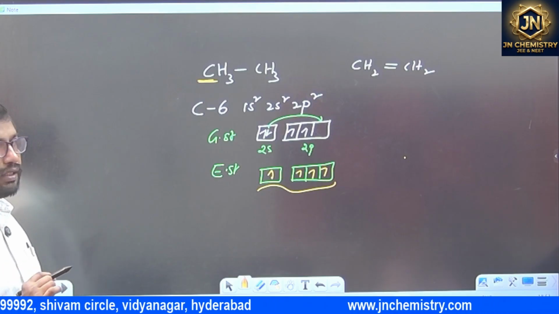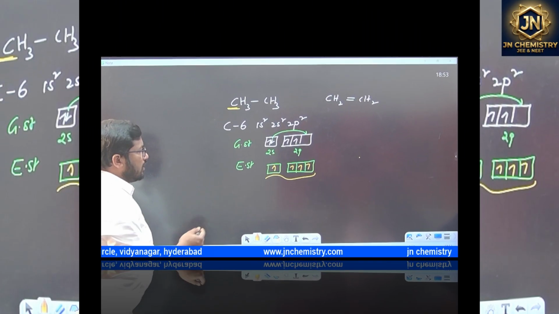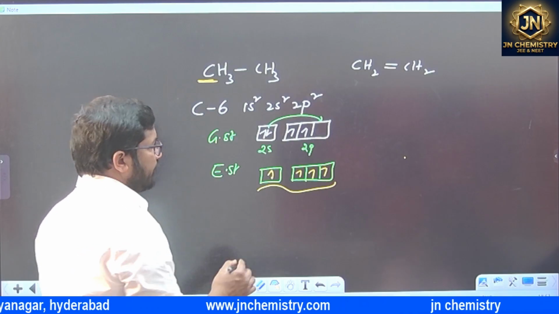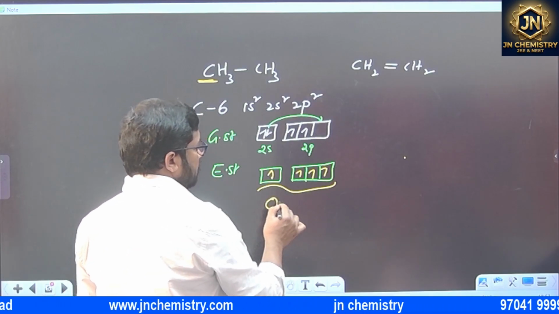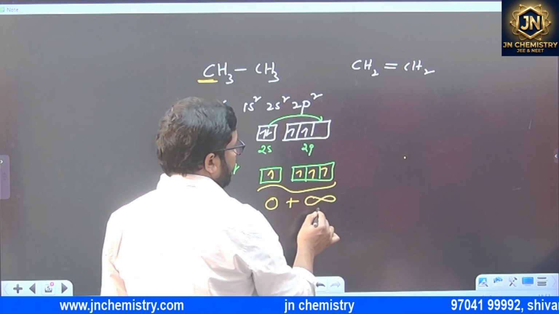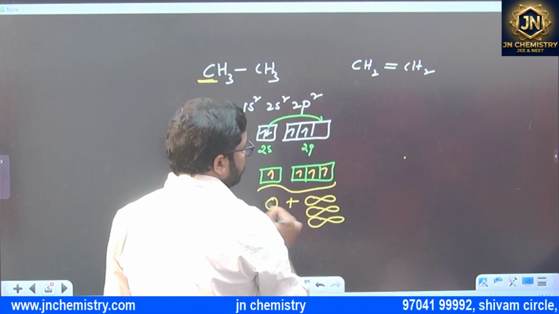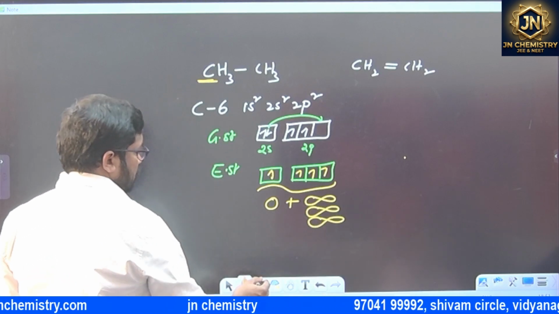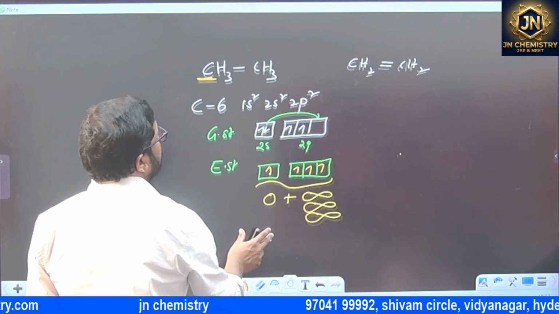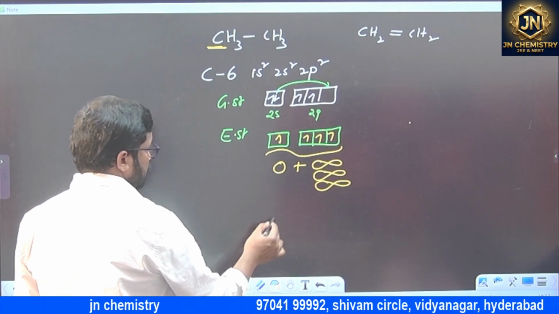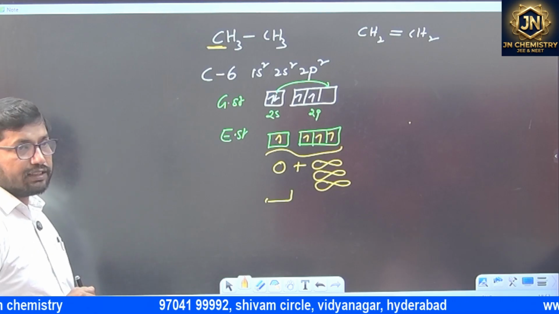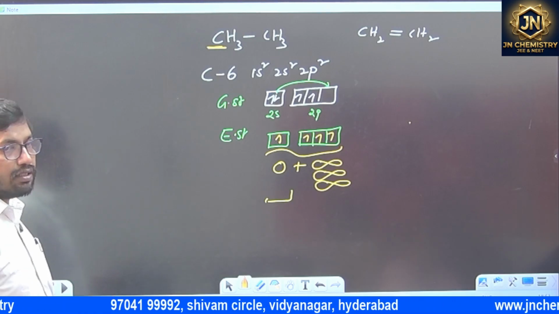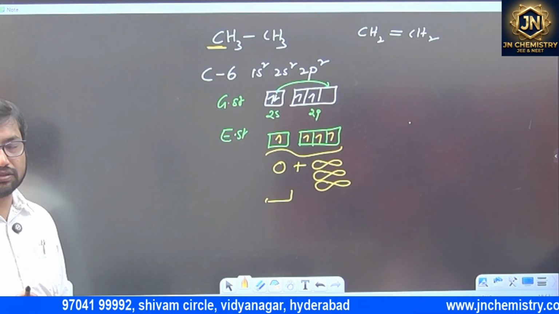So write that point. In hybridization, atomic orbitals are participating. One s orbital, 3 p orbitals means total how many orbitals will we get? 4. Only atomic orbitals are participating, but not the electrons.